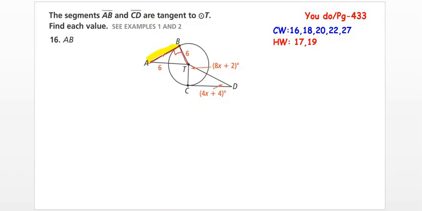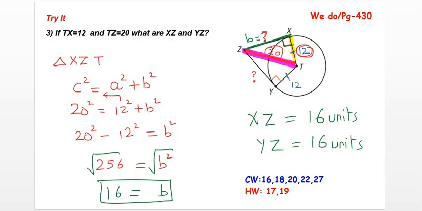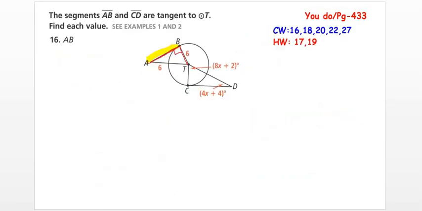So if I'm trying to find this length AB, I can make use of the Pythagorean theorem as I did here. You can see that in this diagram, AT is the hypotenuse, so you can call it C. BT is one of the legs of the right angle, so you can call it A. So let's say this is A, this is C, and we are trying to find B, right? Now how long will be AT?